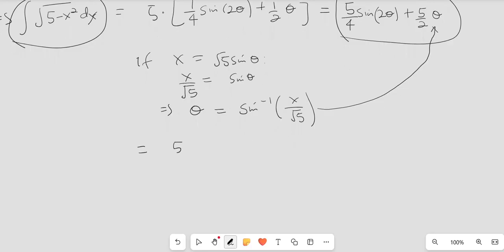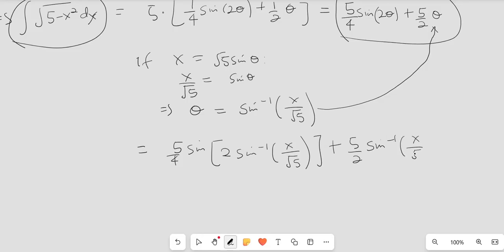And that should be 5/4 sine of 2 theta, where theta is sine inverse of x over the square root of 5, plus 5/2 theta, where theta is sine inverse of x over the square root of 5.